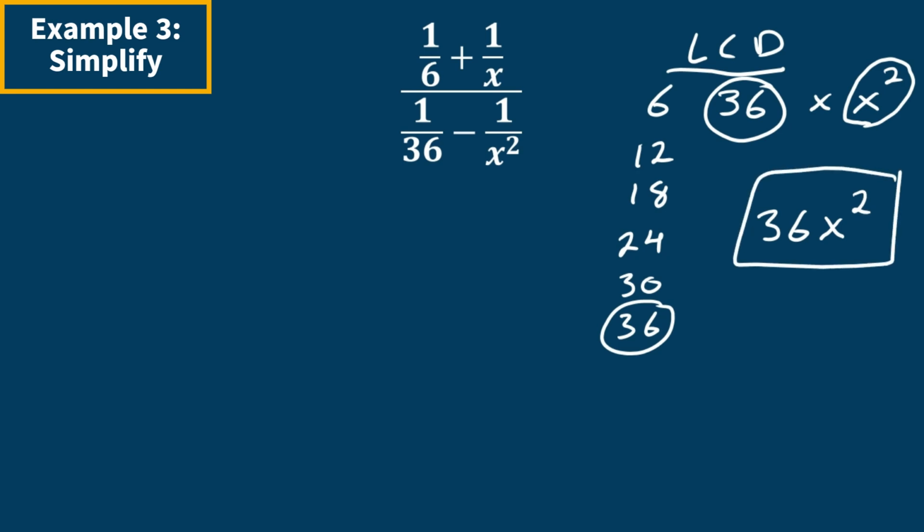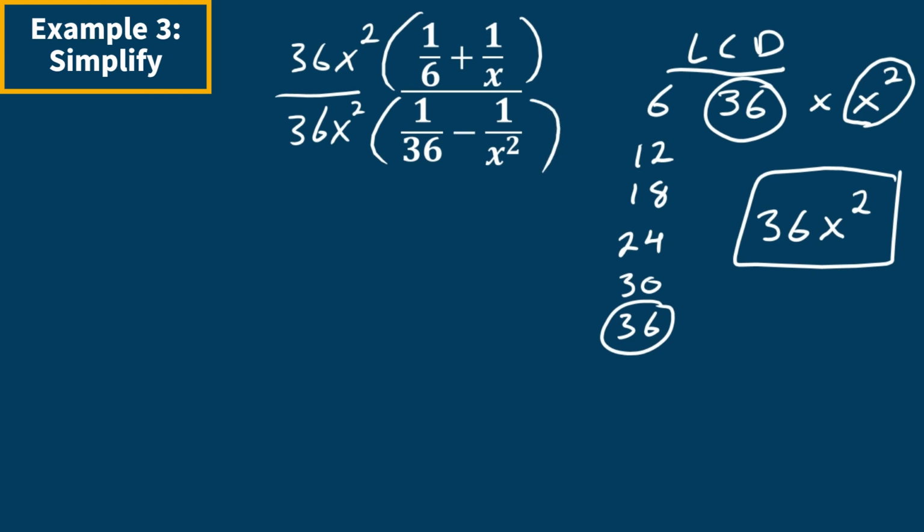So let's go ahead and do that. So we're going to multiply the numerator by 36x squared to each number in there, and the bottom as well, 36x squared. Now let's go ahead and distribute.